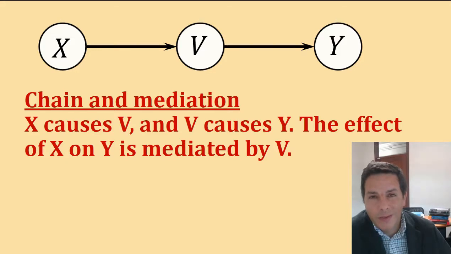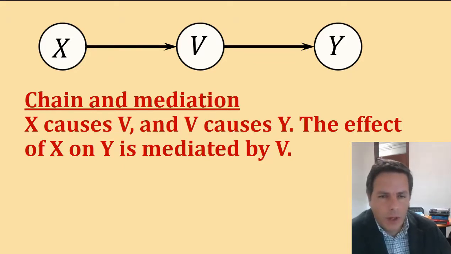Perhaps that variable is not as easily measured, but with clever experiments, we may be able to measure it, though these are not variables as easy to measure as x and y. Sometimes we measure, but maybe it's more expensive to measure that variable, and so we don't usually do it. So an issue that is very important in statistics and in epidemiology and in many sciences is whether there is a mediating variable.